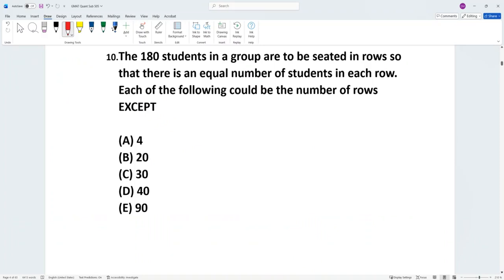So we need to find in the answer choices which one cannot be the number of rows. If it is a divisor of 180, then this is not the answer that we are looking for.